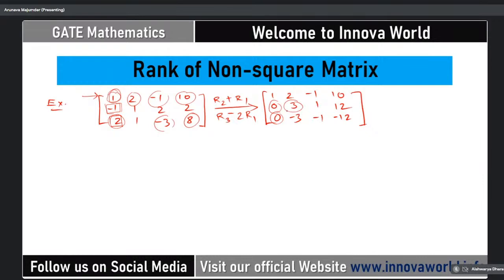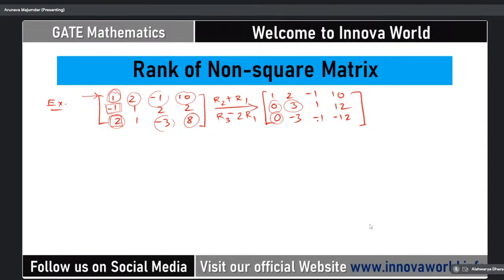If you just add row 2 and row 3, that is R3 plus R2, you can see all elements of the third row will be 0 here: 3 minus 3, 1 minus 1, minus 12 plus 12. You can do R3 plus R2 directly here.